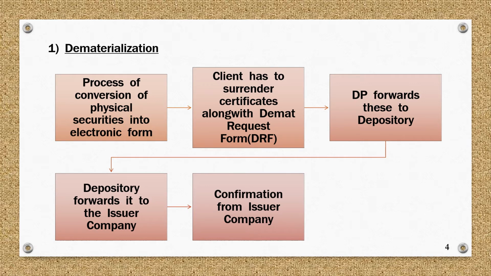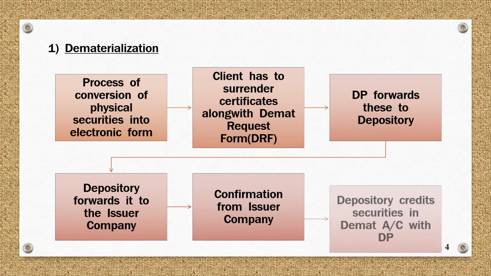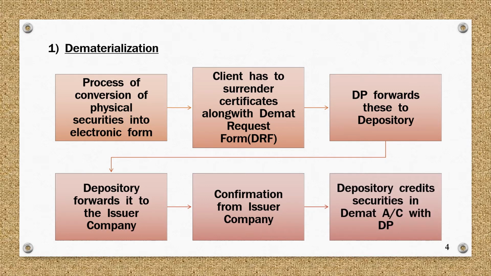Once the issuer company receives these documents, it sends the confirmation of such receipt to the depository. And lastly, the depository, after receiving confirmation from issuer company, credits the securities in demat account of investor and intimates about such credit to the DP.